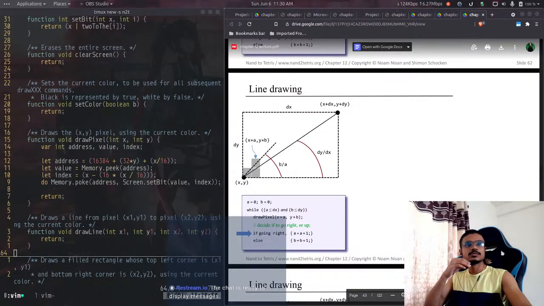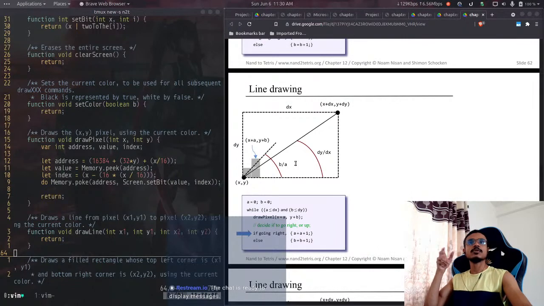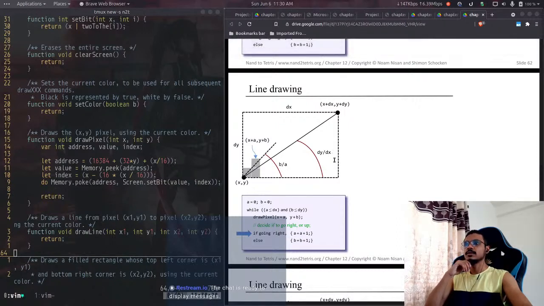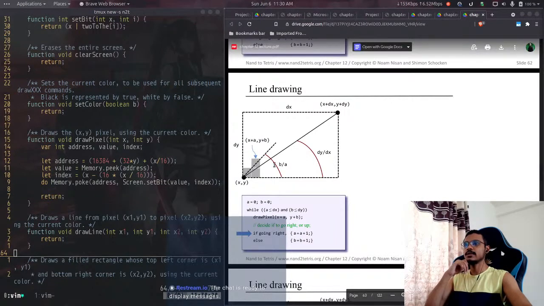The audio must be really bad right now because there is some construction work happening in the neighborhood. What's this? B by A, B divided by A, dy by dx. This is the angle, right?